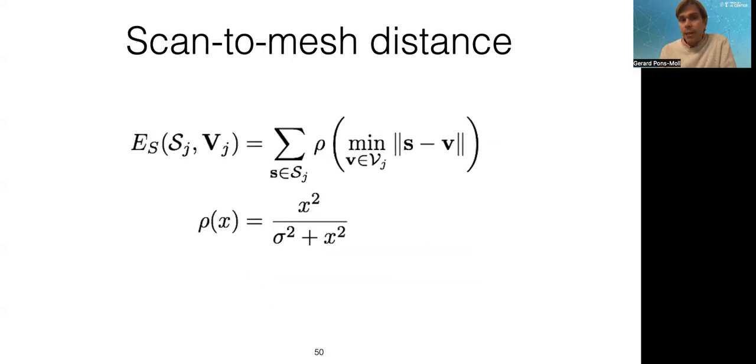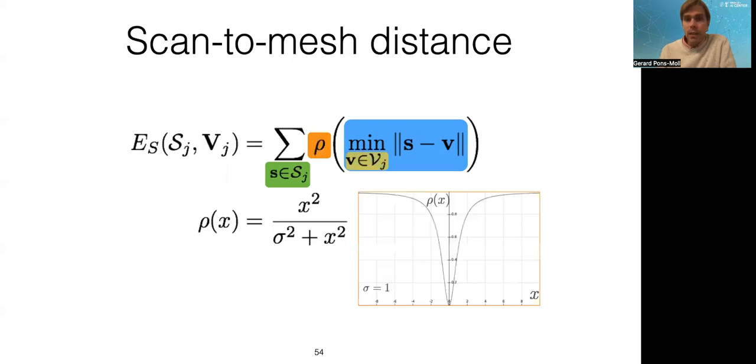First, let's look at the scan-to-mesh distance. So we want to minimize the distance from points in the scan to the surface of the registration. And in order to be more robust to outliers and be robust to bad initialization when we're far from the scan, we can use what is called a robustifier, a robust cost function.